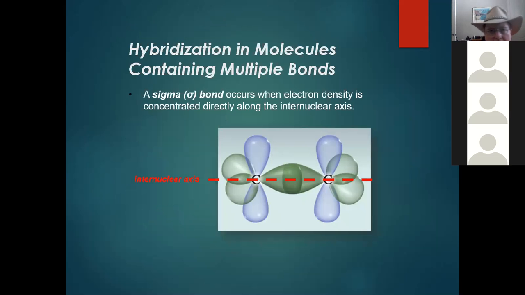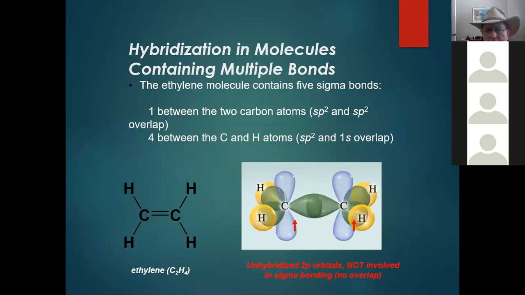All right. This is nothing more than I've told you already. A sigma bond is a direct overlap along an internuclear axis. When I have a double bond, that involves 1 p orbital that's free and 2 sp2 orbitals.